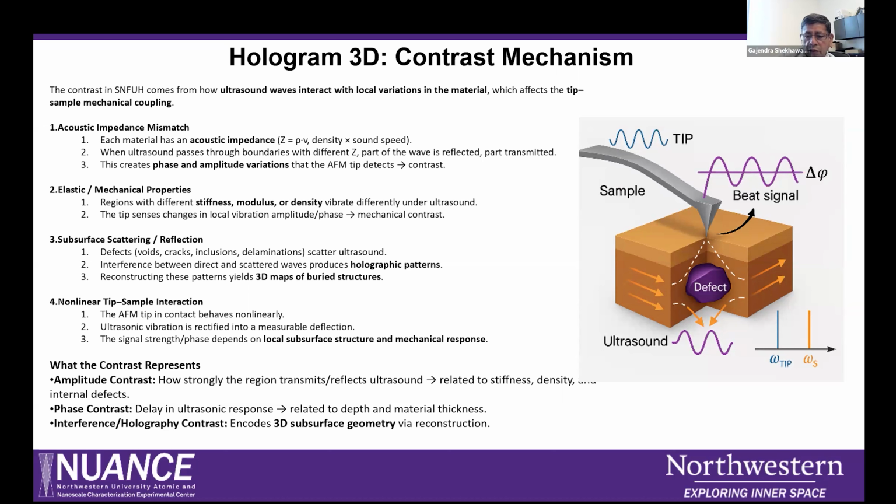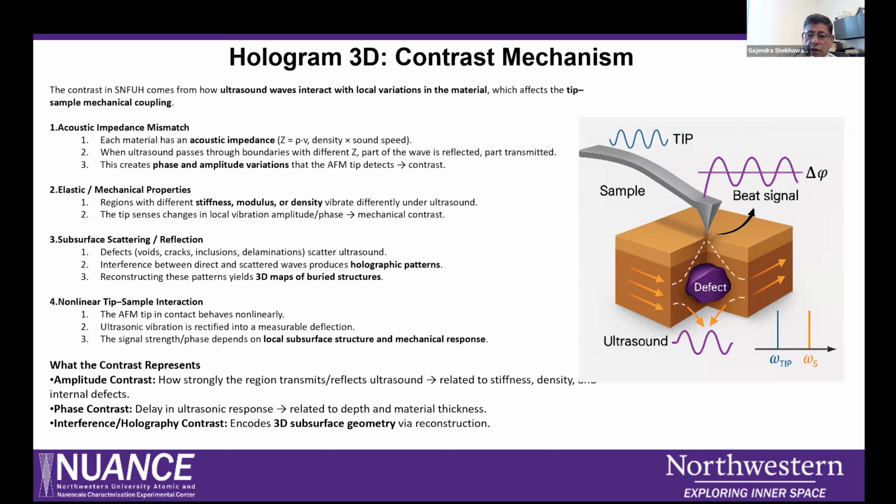It's pretty hard to figure out which type of harmonics you have to go and detect, so we try to use those beats within the cantilever detection range. Okay. And then based on local phase variation and amplitude, you can get a mechanical contrast. So for whatever defects, the interference between direct and scattered waves creates holographic patterns.